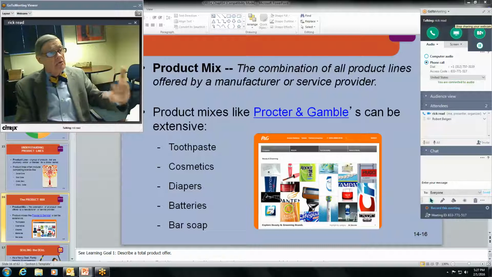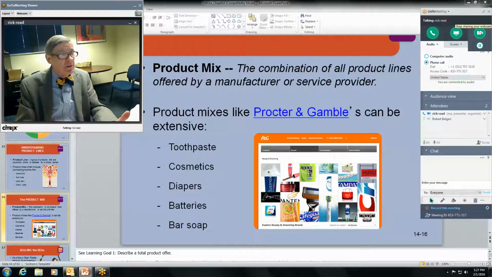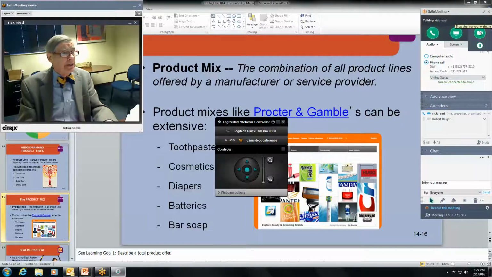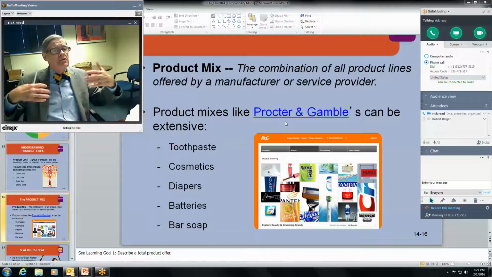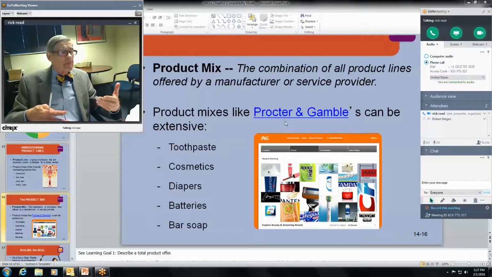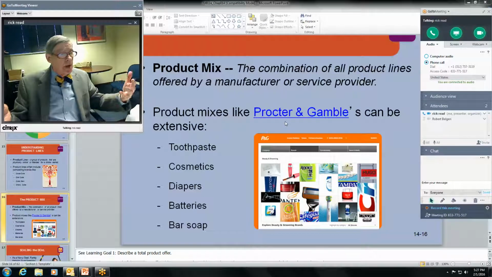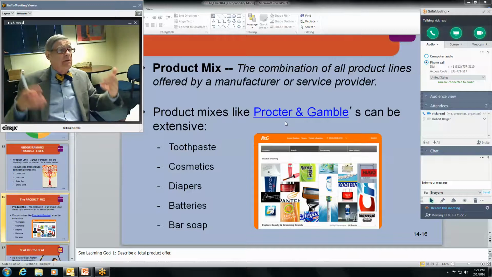Most of us who pay attention to our hygiene use toothpaste and soap, etc. Now, we may not use batteries for hygiene, probably don't unless we have an electric toothbrush, like my wife does. But there are other things there that are commonality that means that we're into the same general market, that these are just a mix of products that are made by the same manufacturer.